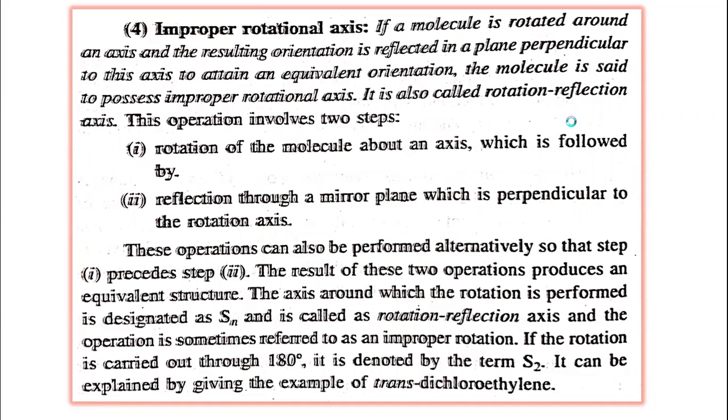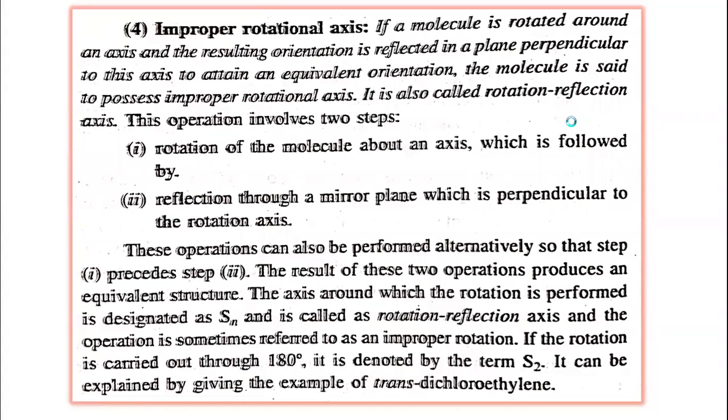If a molecule is rotated around an axis and the resulting orientation is reflected in a plane perpendicular to the axis, that plane should be perpendicular to the rotational axis, to attain an equivalent orientation, the molecule is said to possess an improper rotational axis. It is also called a rotation reflection axis.